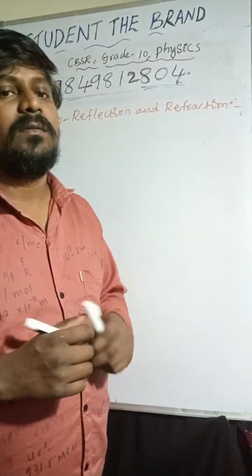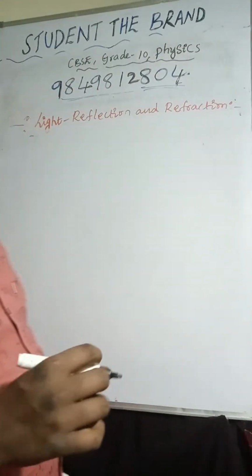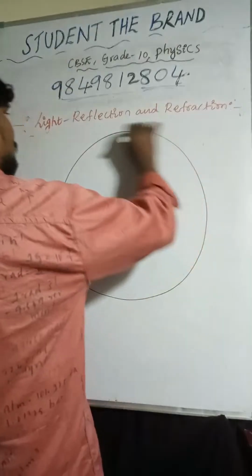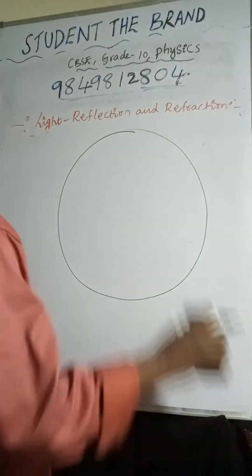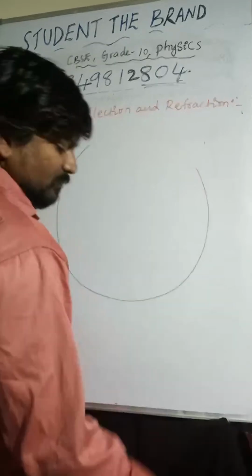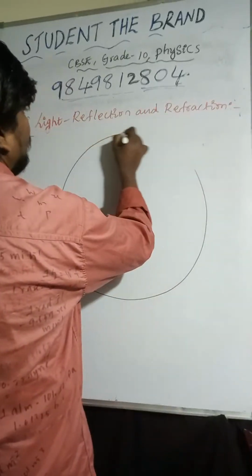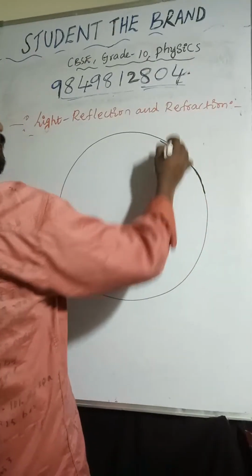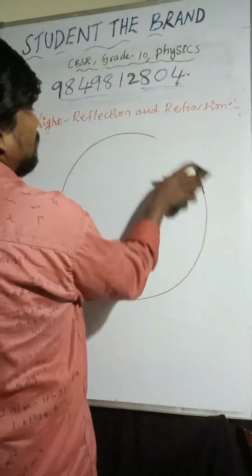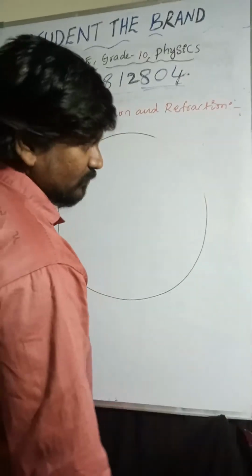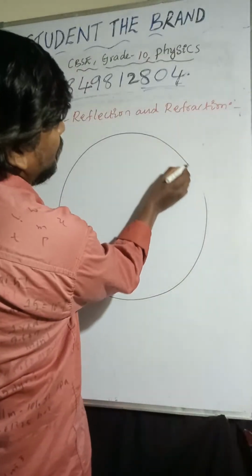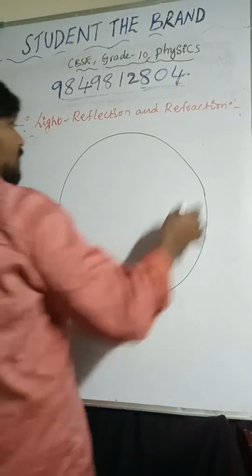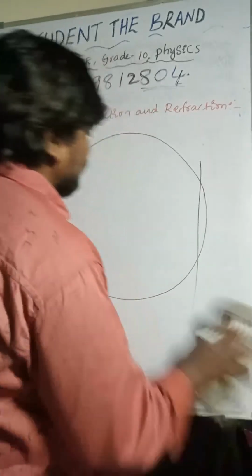Now we'll discuss the terms related to a spherical mirror. We are taking a small curvature here.